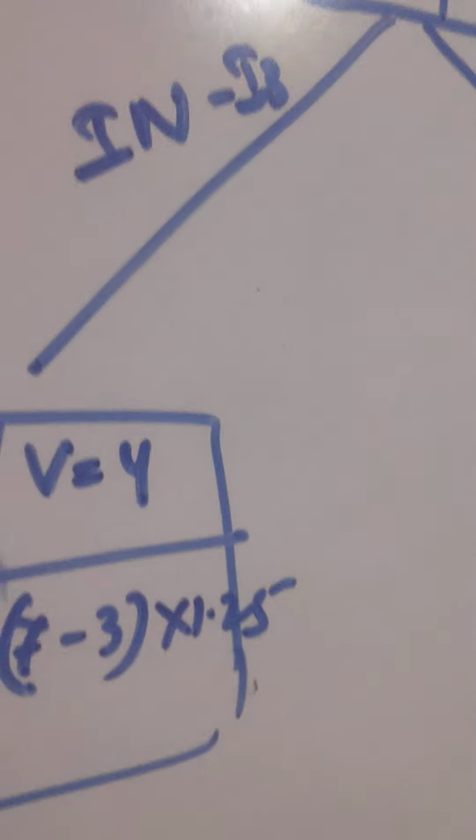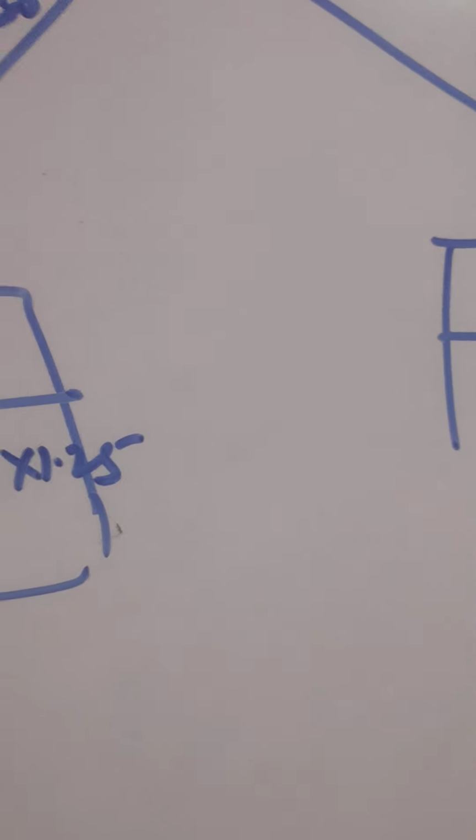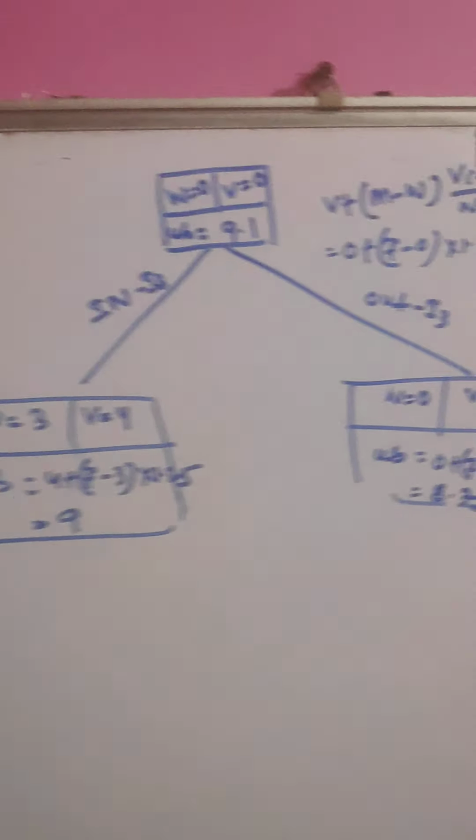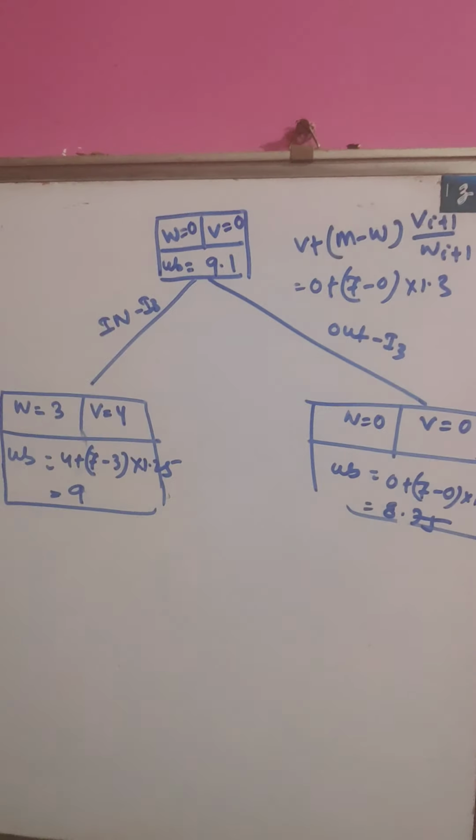So it becomes 1.25 into 7, maybe approximately 8 point something, 8.75 maybe. You just calculate, check it out. Okay, now inclusion of I3 and exclusion of I3 was over.